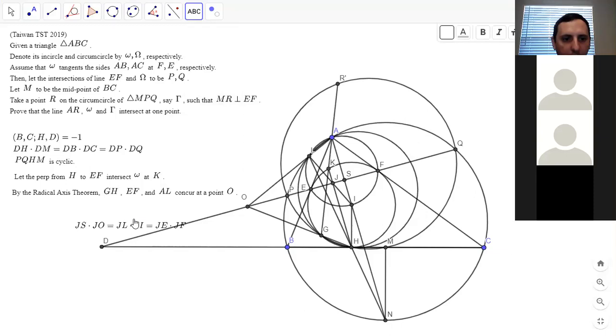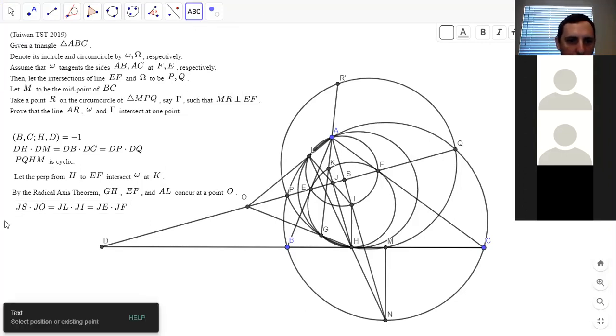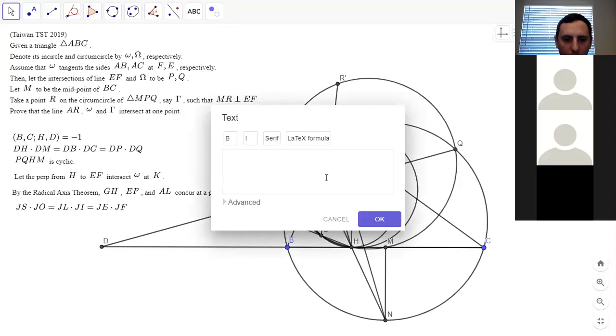S is the midpoint of EF, and so OJEF are harmonic.